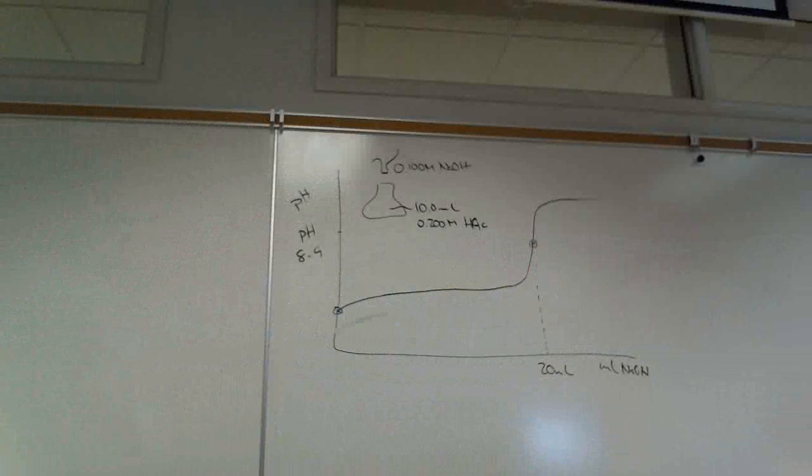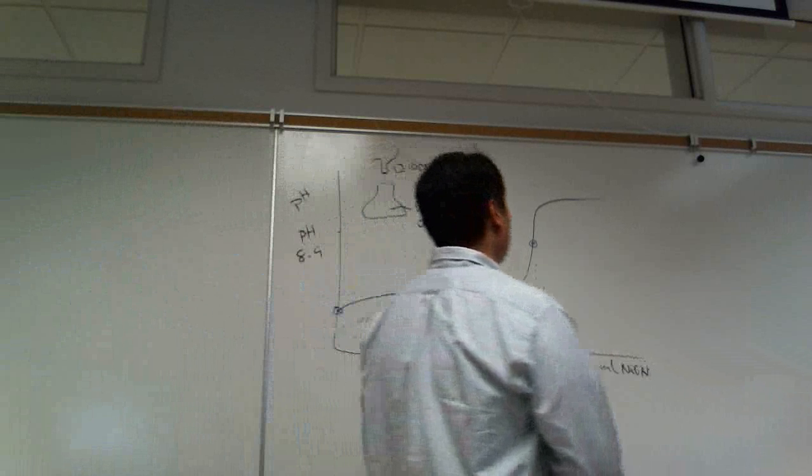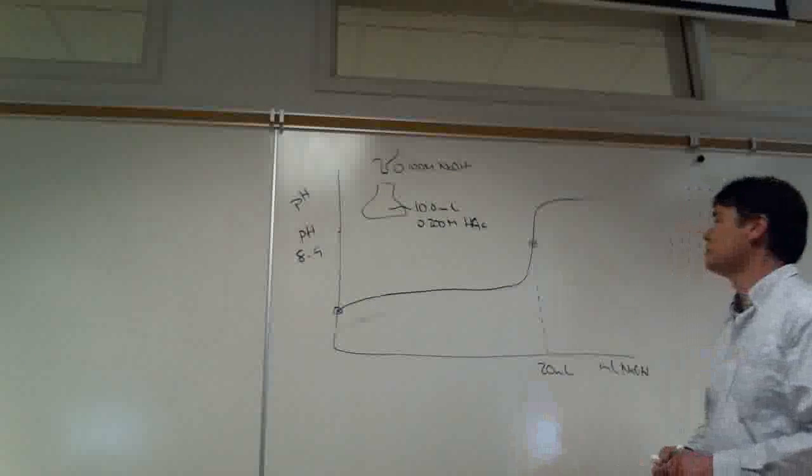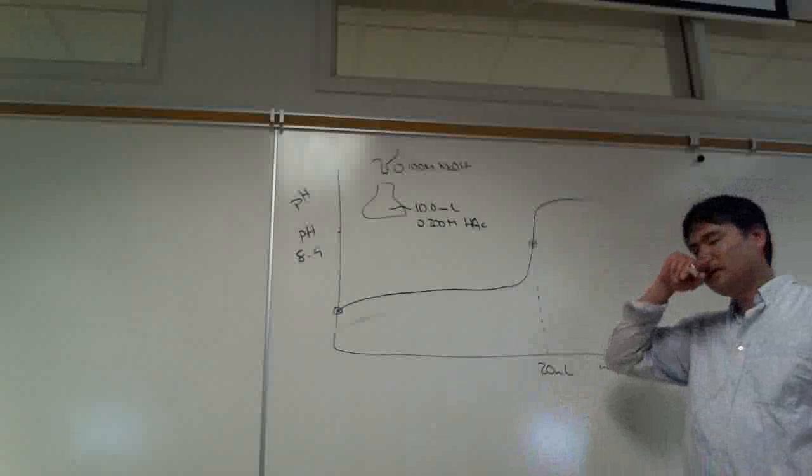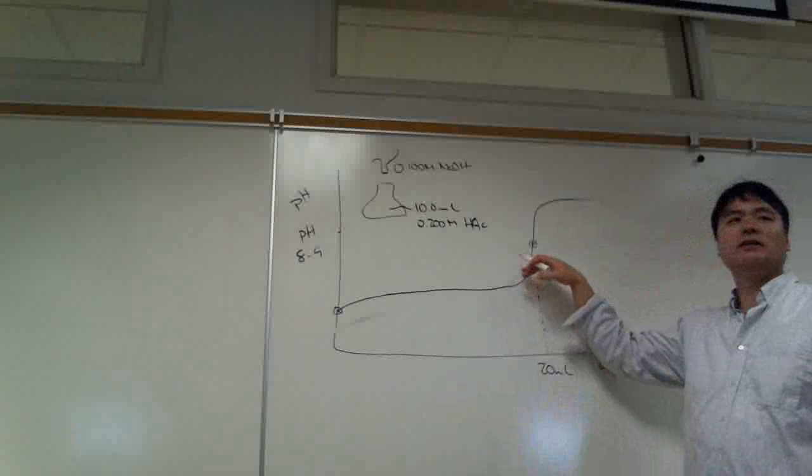Now, that's different than the end point. What is the end point? The end point is where the indicator changes color. If we use phenolphthalein for this particular titration, do you know where phenolphthalein starts to turn red? Does it start to turn red at pH 7?